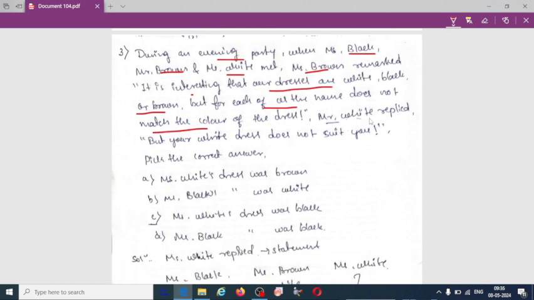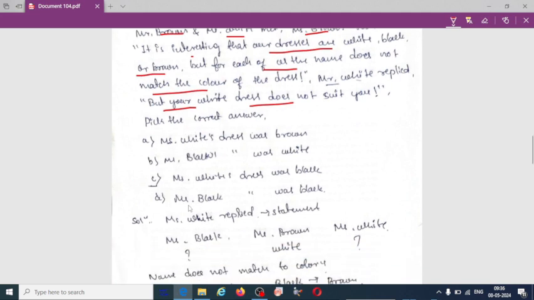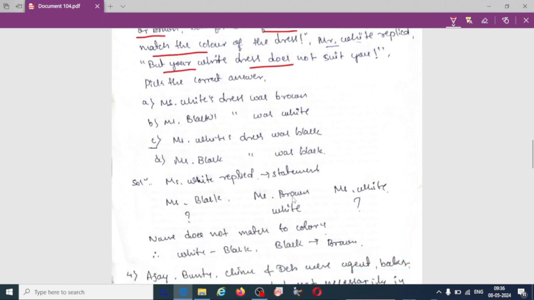And one more statement, Mr. White replied, "But your white dress doesn't suit you." We have to pick the correct option here. Mr. White's dress was black, Mr. Black was white, white dress was black, or Miss Black's dress was black.